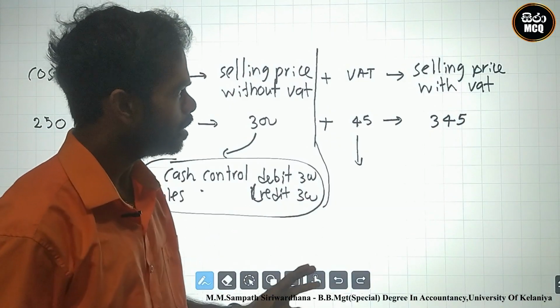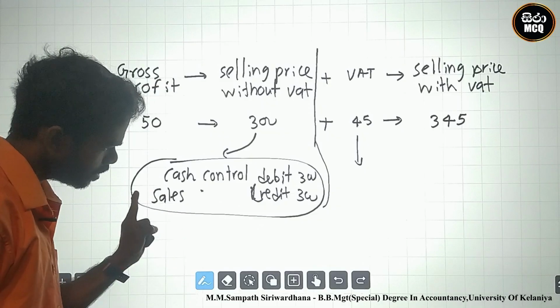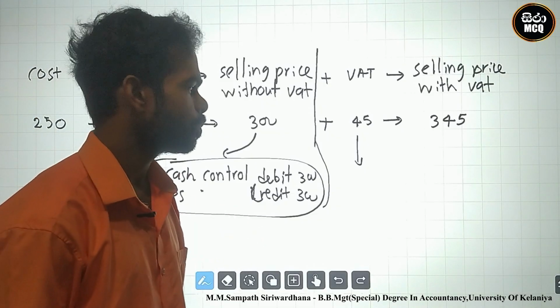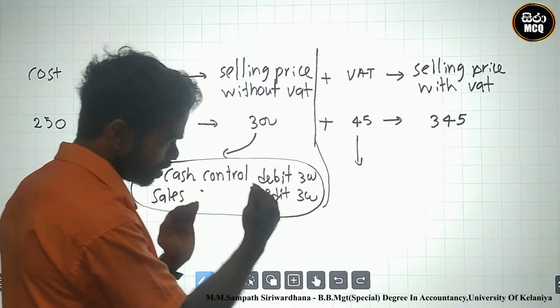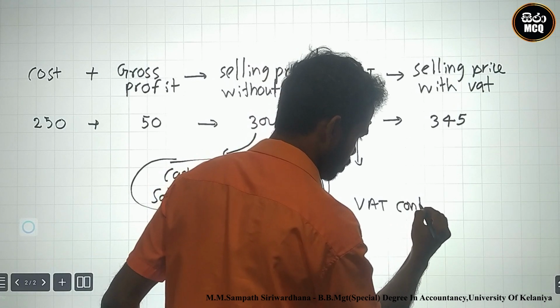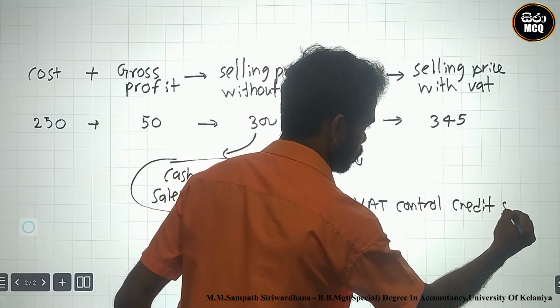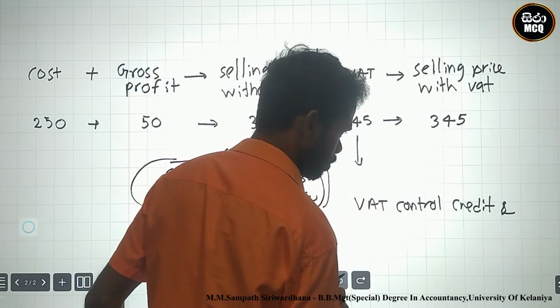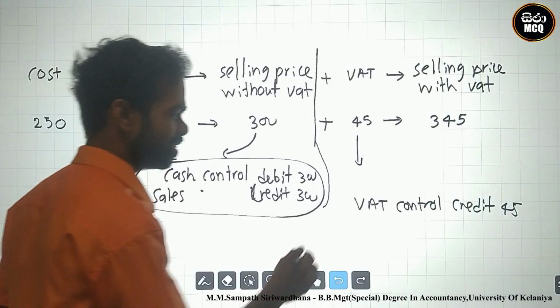Okay, what is the double entry for the VAT amount? Look here, sales credit, no? Based on that, VAT must be credit. VAT control credit 45. Debit to cash control.